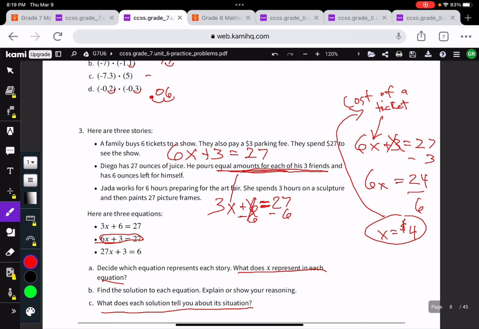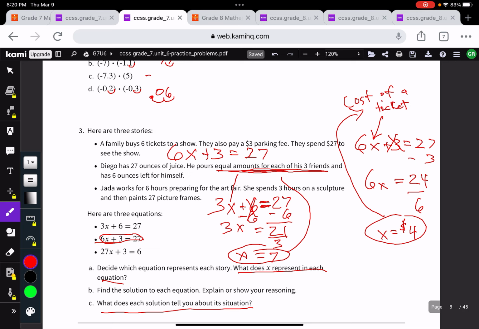So if we get rid of the 6 ounces that he drinks from the 27 ounces, that leaves 21 ounces to share among his three friends. So we're going to split that 3 ways, and we'll get 7. That's the amount that his friends get.